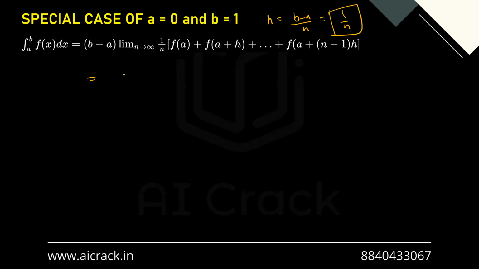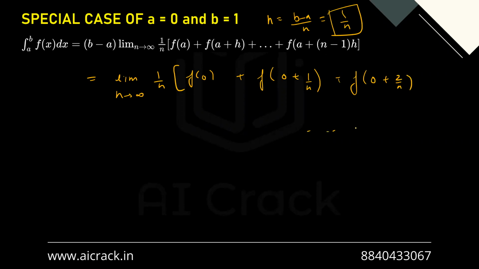So this formula will reduce to limit n tends to infinity, 1 by n. This would become f of 0. This would become f of 0 plus h, and h is nothing but 1 by n. Third number would become f of 0 plus 2 by n. Similarly, f of 0 plus (n minus 1) by n. This becomes the formula. I can also write this as 0 plus 0 by n, right?